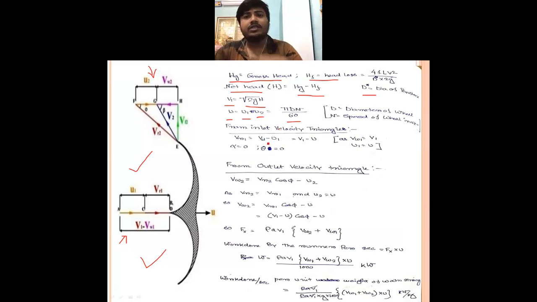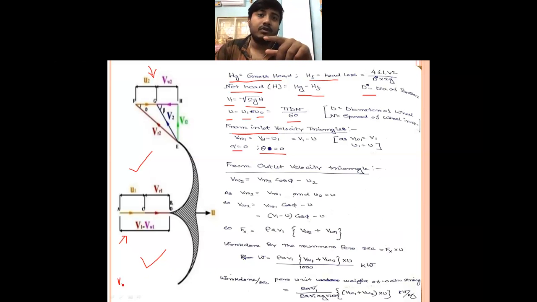Now, as I was saying earlier, from the inlet velocity triangles we have seen that alpha is equal to 0 and theta is equal to 0. So both the angles, the inlet guide angle and the inlet vane angle, are 0. That means it has no vertical component.